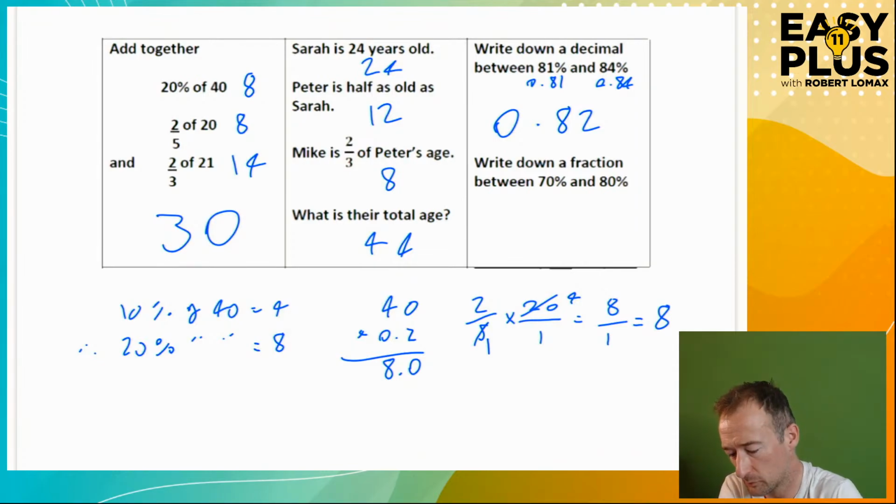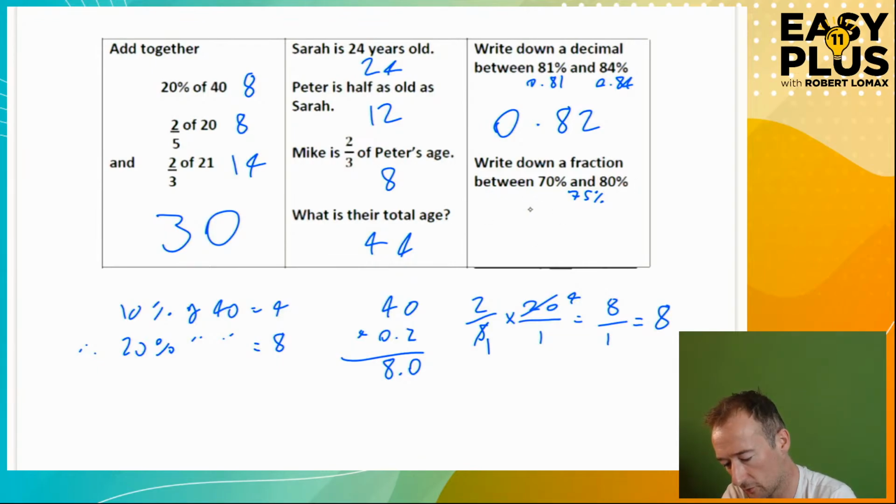Write down a fraction between 70% and 80%. Maybe it's screaming at you, but let's just go through. What's a percentage between them that'll be nice and easy to change into a fraction? I wonder, is it going to be 71.38%? It could be, but I'm going to go for 75% because I have a vague degree of exam and common sense and don't want to waste time. 75% is what fraction?